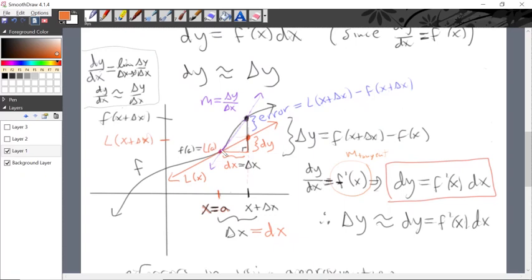So that is, if our input variable has some type of possible error in it, then we expect that the output is also going to have some type of an error. And we want to be able to approximate how large of an error we might expect to see in the output in those cases. And to do that, to approximate how large the error may be, we use the differential.